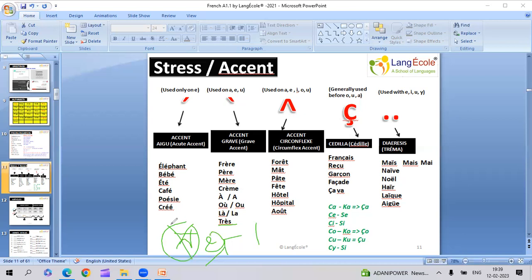Très. Now, if it is, let's see, près, what will it be? It will not be pre, it will be khe. Khe. Similarly, here you see this, très.